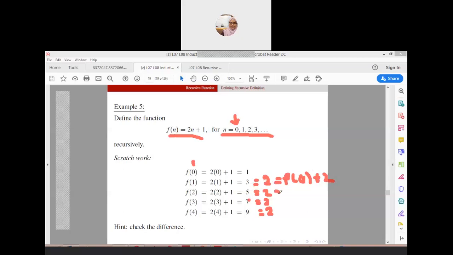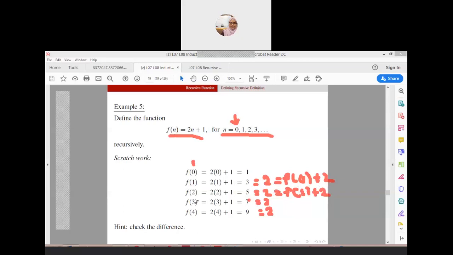Then we use the previous value f(1), which is 3. We plus 2, we get 5 for the current value.